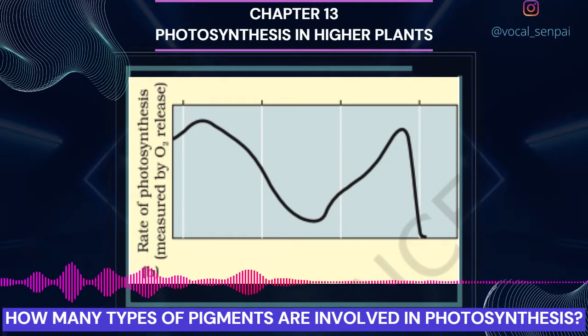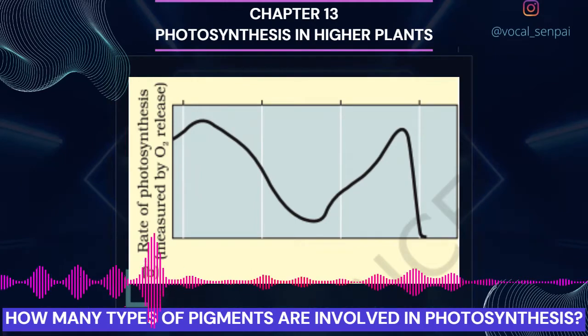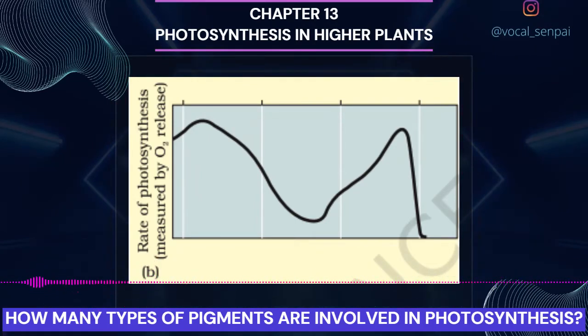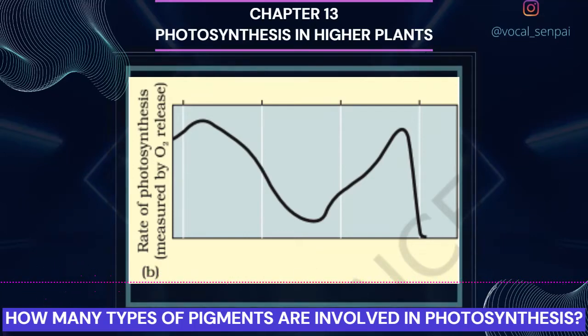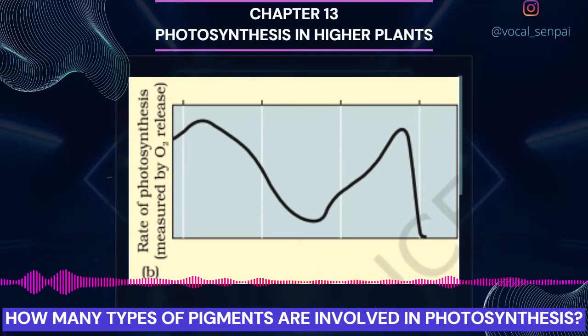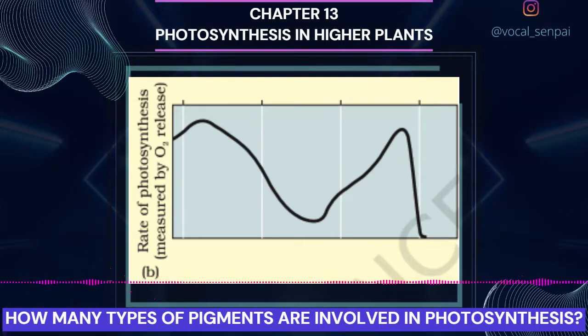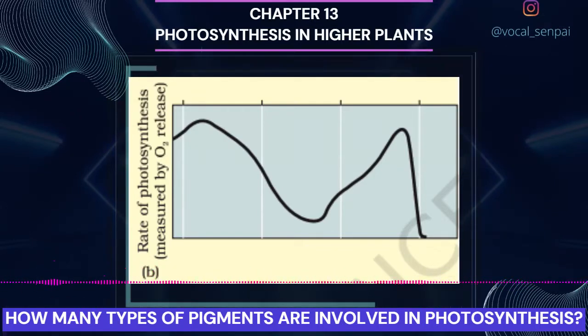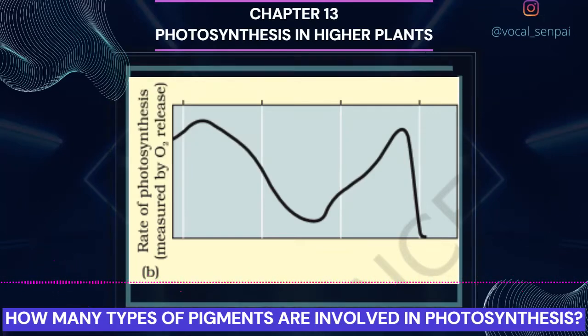If yes, which one? Now look at figure 13.3b showing the wavelengths at which maximum photosynthesis occurs in a plant. Can you see that the wavelengths at which there is maximum absorption by chlorophyll A, i.e., in the blue and the red regions, also show higher rate of photosynthesis?